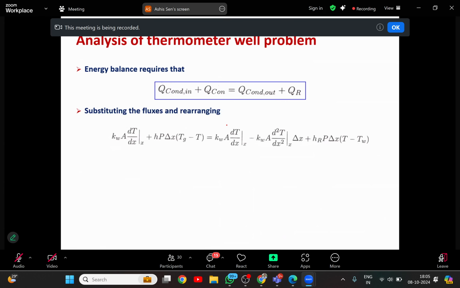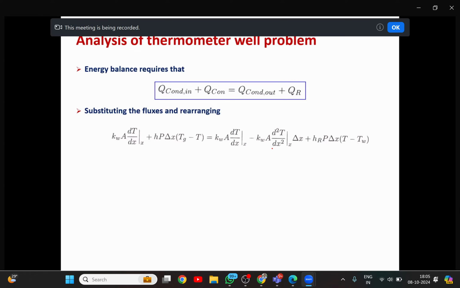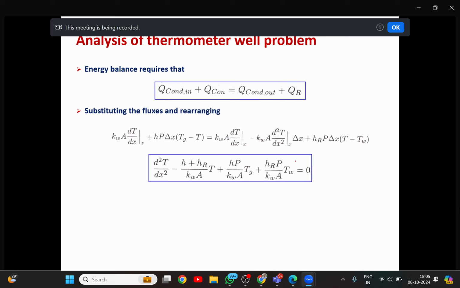All these expressions are here. If you substitute them and rearrange, you end up with this equation. I am not going to read out the terms; you can see this is what we have written down here.